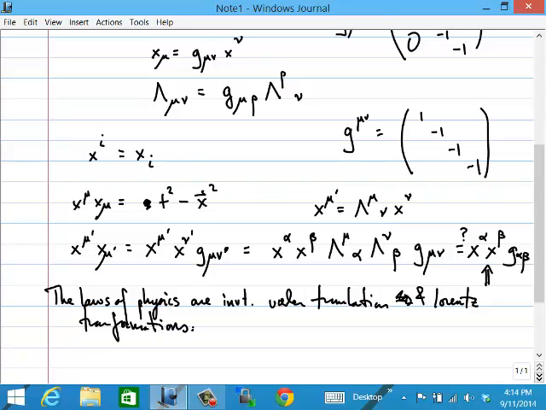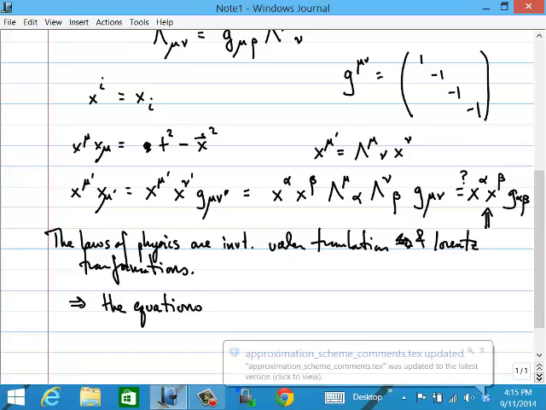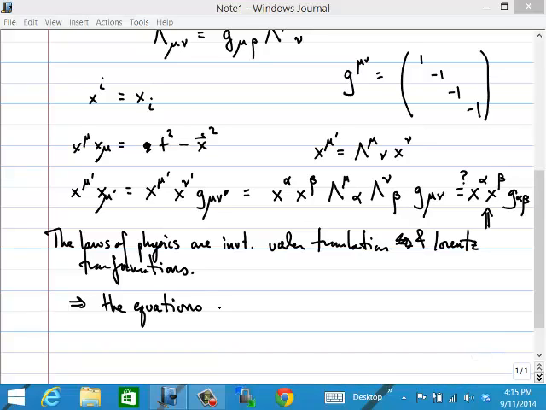And that highly constrains the possible laws of physics. In particular, it means the laws of physics, that is to say, the equations of motion of any dynamical system consistent with these symmetries, can be formulated in terms of what are known as tensors.